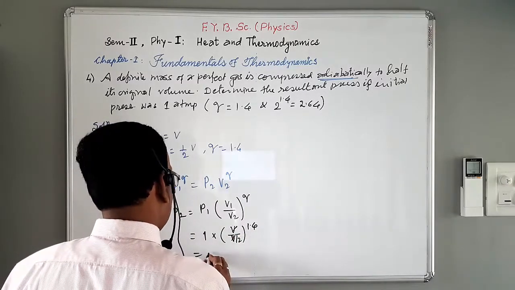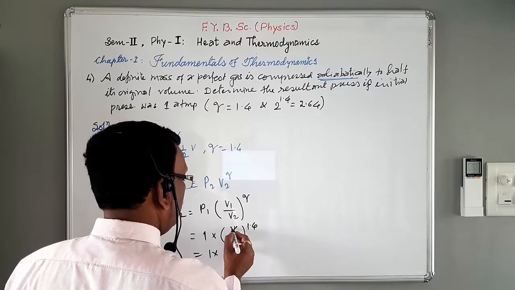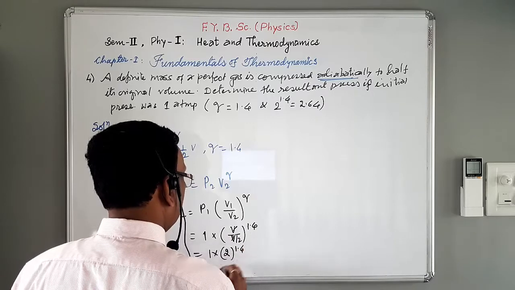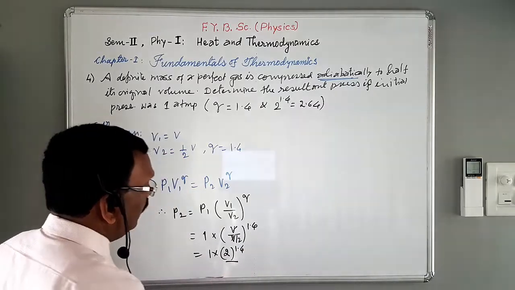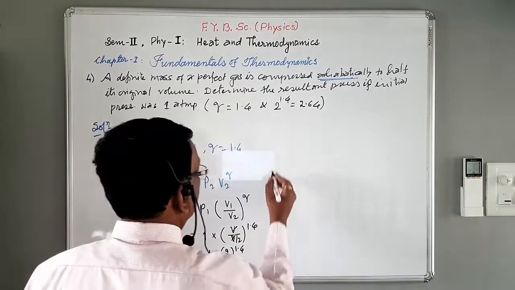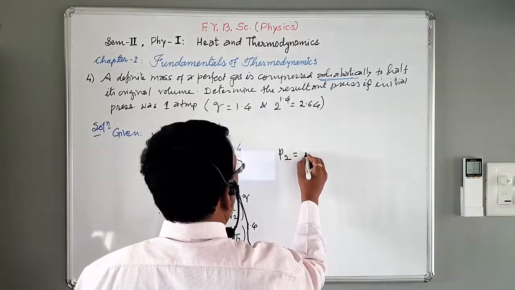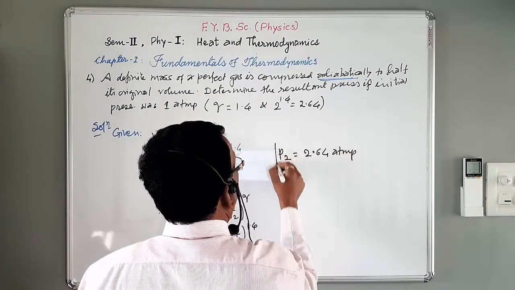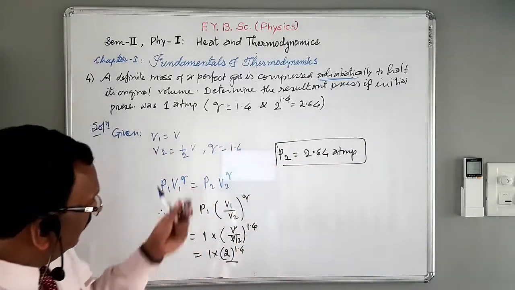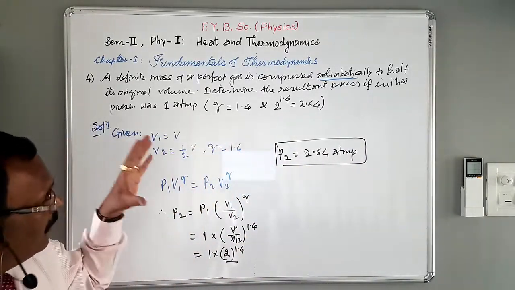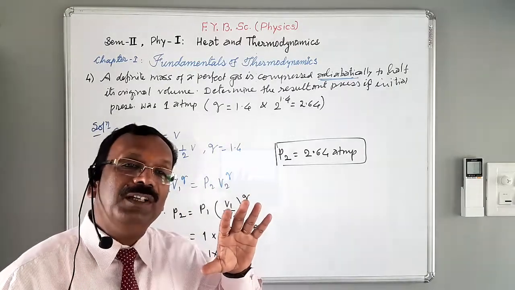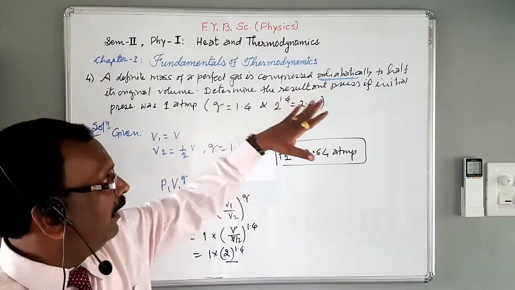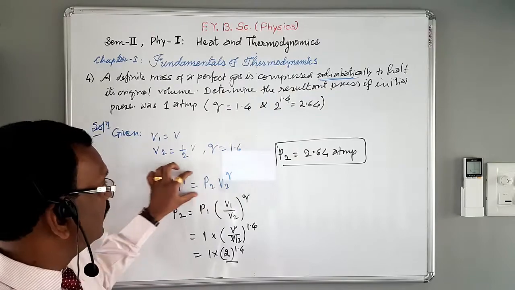We cancel and we have 1 into 2, because 1 upon 1 by 2 is nothing but 2 raised to 1.4. The value of 2 raised to 1.4 is already given, and hence P2, the resultant pressure, is 2.64 atmosphere. This is the final answer of the given question. See how simple this problem is? You only have to read the problem carefully and keep in mind that the change is adiabatic, and for adiabatic change we already studied this relation.